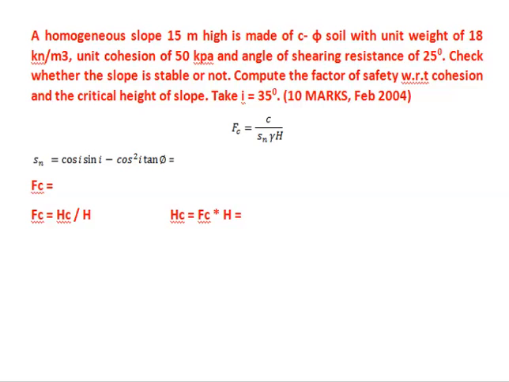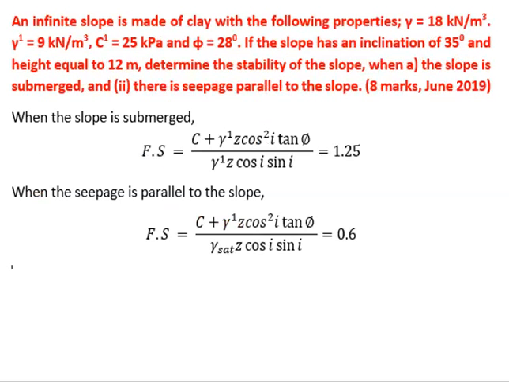Here is one example. An infinite slope is made up of clay with the following properties: gamma dash, c dash and phi values are given, and the slope angle and height are given. Now we have to find the stability of the slope when the slope is submerged and when there is seepage parallel to the slope.